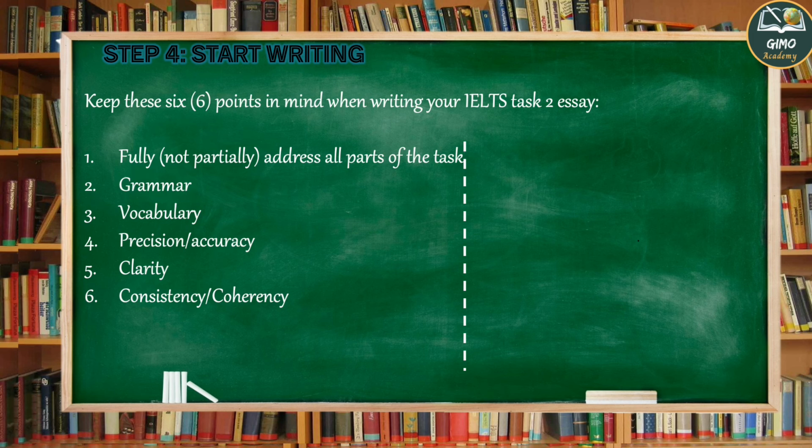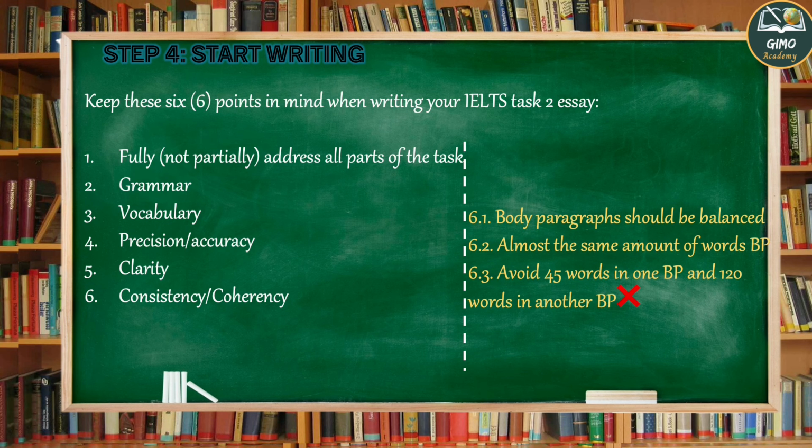basically mean that here you should also keep in mind that your body paragraphs should be balanced. To put it simply, they should have almost the same amount of words. For example, if your essay in this case has 2 body paragraphs, they should be around 90 words each, and the rest should be allocated to your introduction and conclusion.